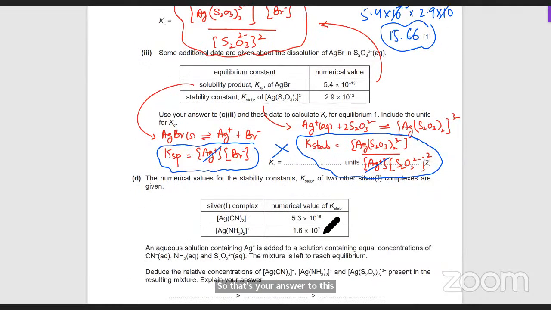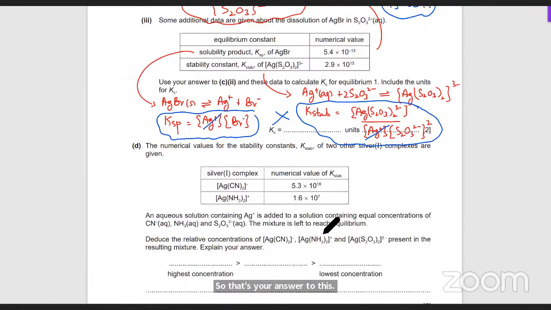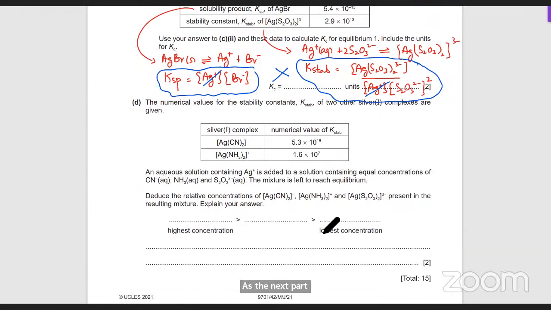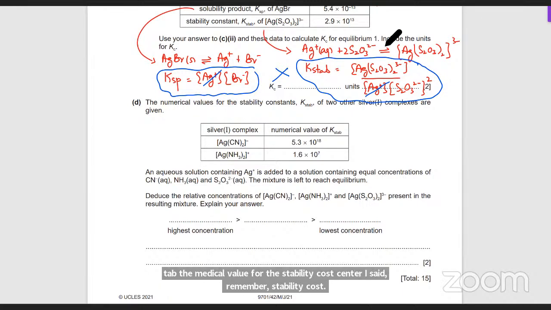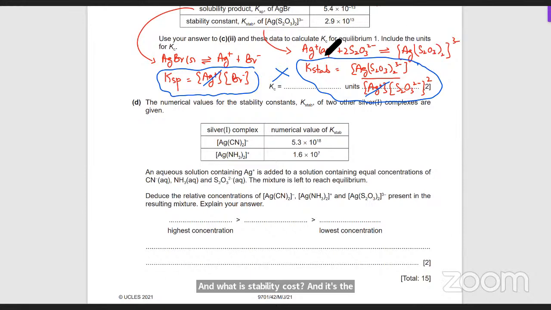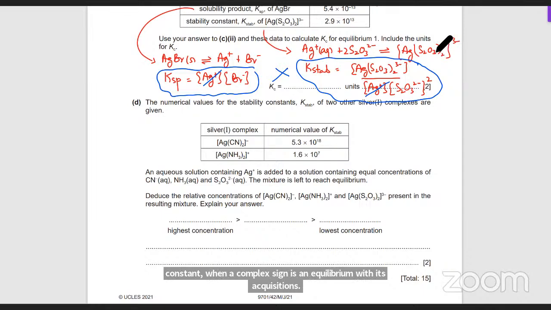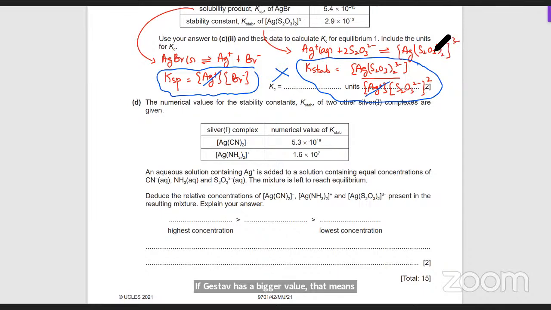So next part. K stab. The numerical value for the stability constant. Remember stability constant. What is stability constant? It's the equilibrium constant when a complex ion is in equilibrium with its aqueous ions. If K stab has a bigger value, that means the complex ion will be formed and is more stable. And ligand exchange will happen. If K stab has a smaller value, that means the product is not going to be formed.